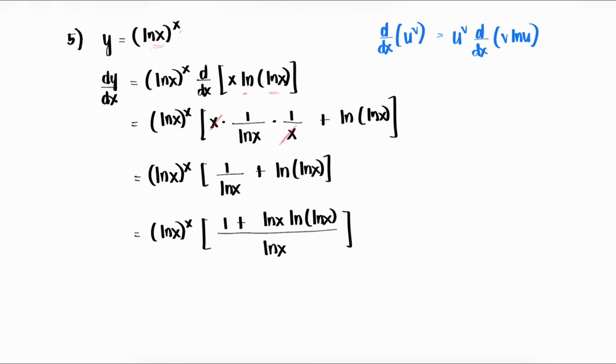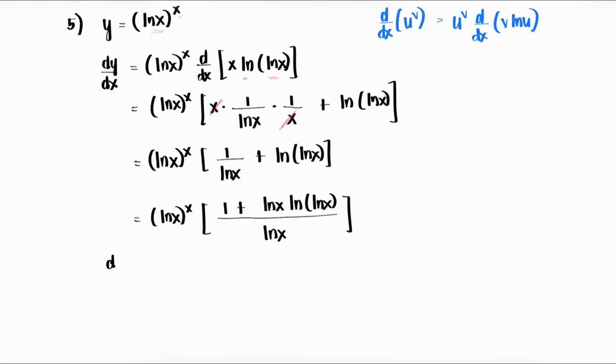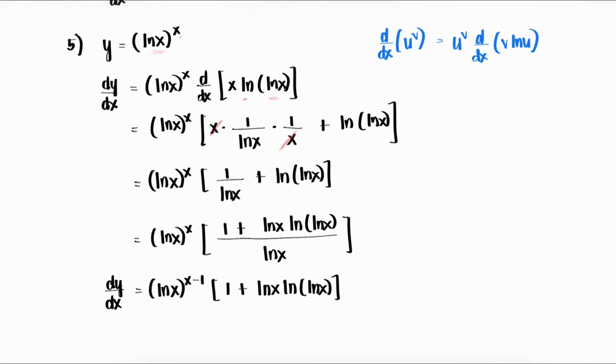And so simplifying, our derivative dy/dx is equal to the ln of x raised to the power of x minus 1, again because the exponent of ln x in the denominator is 1, and we multiply it to 1 plus ln x ln of x. Okay, so that is logarithmic differentiation.